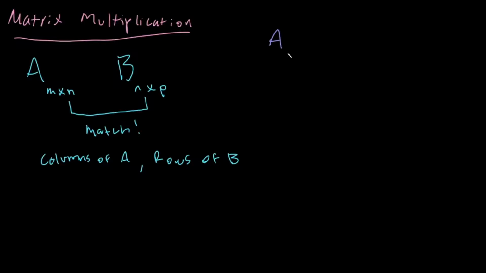So if I have A of 1 by 3 times B of 3 by 7, are they compatible? Do these match? Yes. And the output, by the way, if you multiply these guys, you get a third matrix that is m by p. So they're compatible, and the new matrix will be 1 by 7.